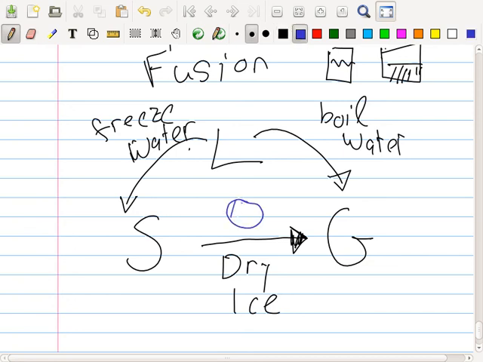Are you talking about this thing? Is that solid to gas? I don't know. We can look it up on the internet and see what we can find. I wouldn't have thought so, but maybe. I think it still goes solid to liquid.